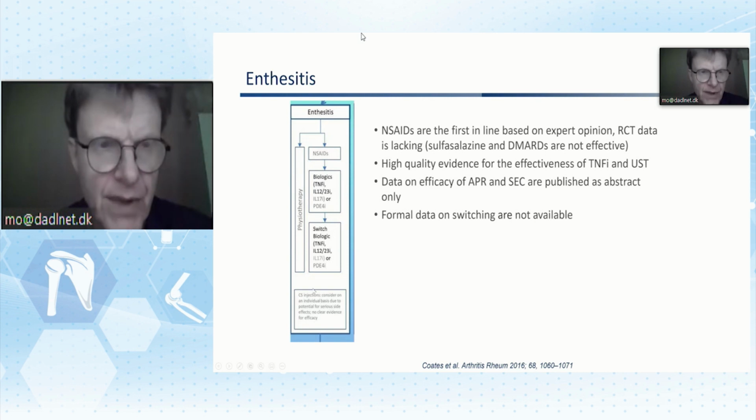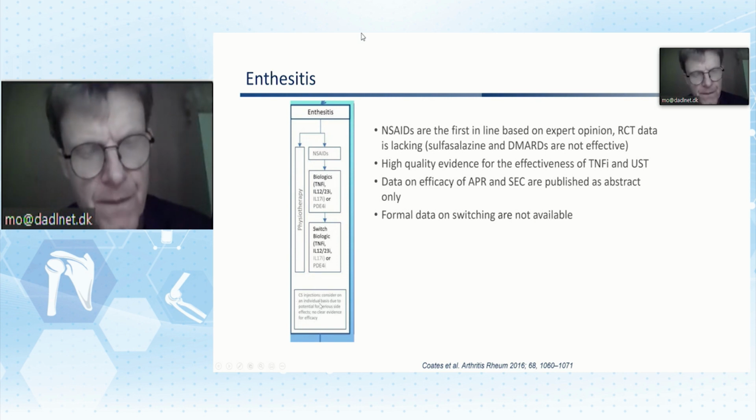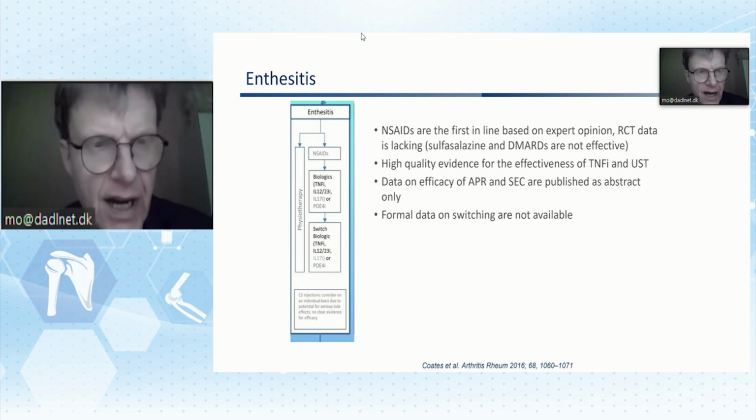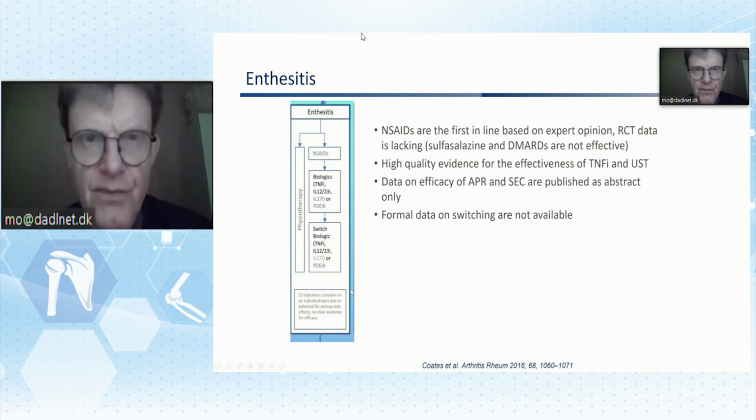There is some, as it says down here, there is some data that suggests that corticosteroid injections are a good idea. They work fairly frequently, but there's also relapse quite frequently. So it is considered on an individual basis without any clear evidence for long-term efficacy.